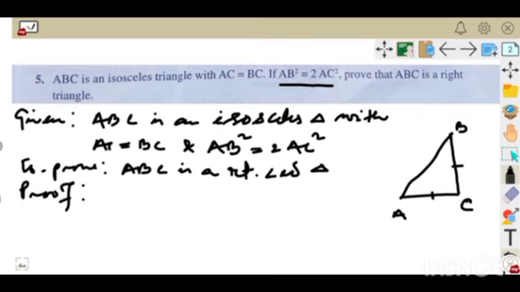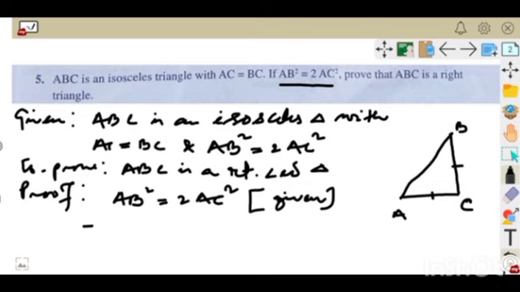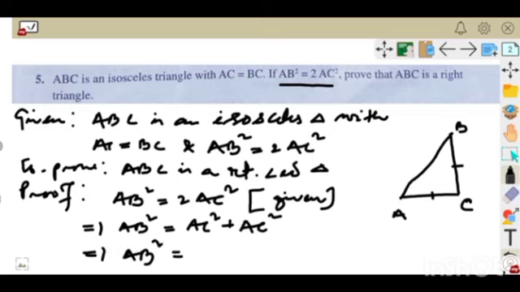Okay, let me start from here. I'll write here AB square equal to twice AC square. This is given by the question, so you can just write here given. Next implies AB square equal to twice AC square means we can write AC square plus AC square, implies AB square equal to here we have AC square plus AC square.